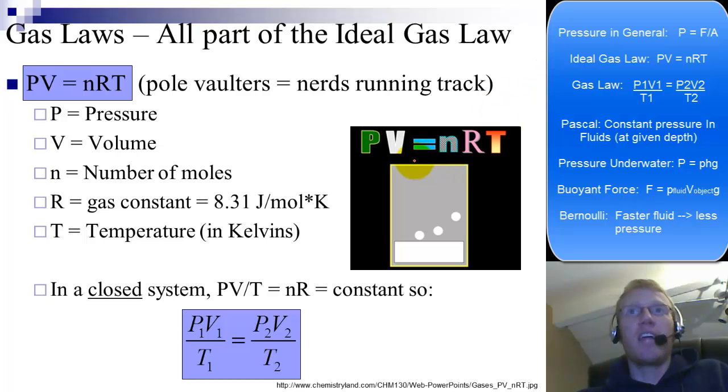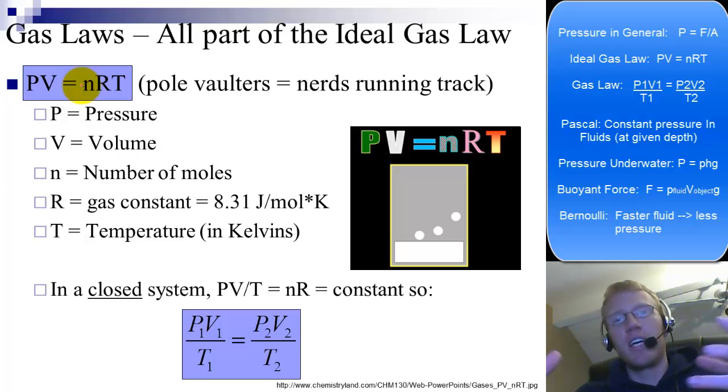So if you have a gas that's obeying the ideal gas law, it's going to obey this relationship. Pressure times volume equals n, which is the number of moles, times R, which is a constant, times T, which is the temperature. So let's look at the relationships that this thing tells us. Normally, the number of moles of gas, that's how much gas you have, is going to be held constant. Like say you have gas inside of a balloon.